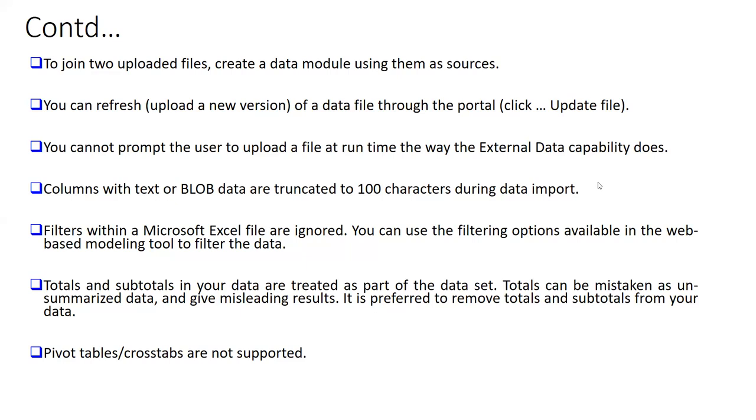Then, apart from this, if you are uploading an Excel workbook or a spreadsheet, which might have some data filters attached to the data, any such filters are ignored during the import process. Raw data will be taken in its basic form. Also, if you have any calculated fields in your Excel sheet, for example, in Excel we can create some additional fields by doing some calculation, Cognos considers calculated fields also as raw data only.